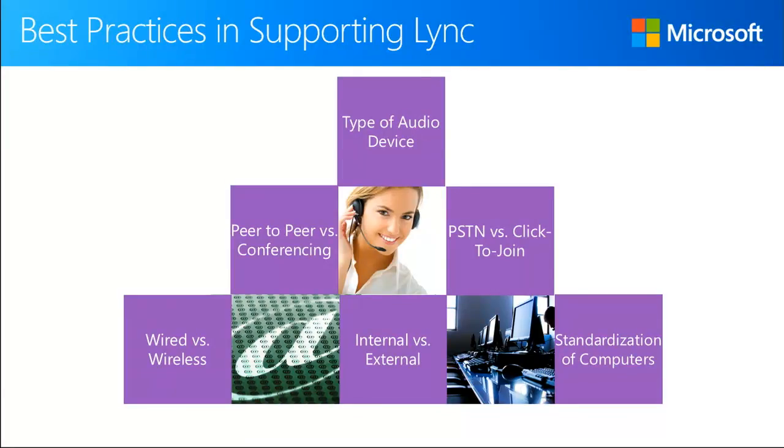And so this is a huge one for companies that are looking at Lync, because you want to control everything you can possibly control or influence, right? And I can control the standardization of computers. My computer sits in my bag. I push GPO to it to say that the Lync app has quality of service.